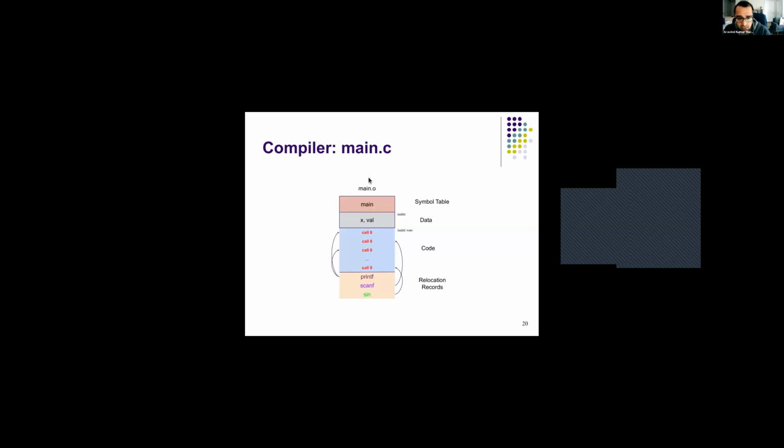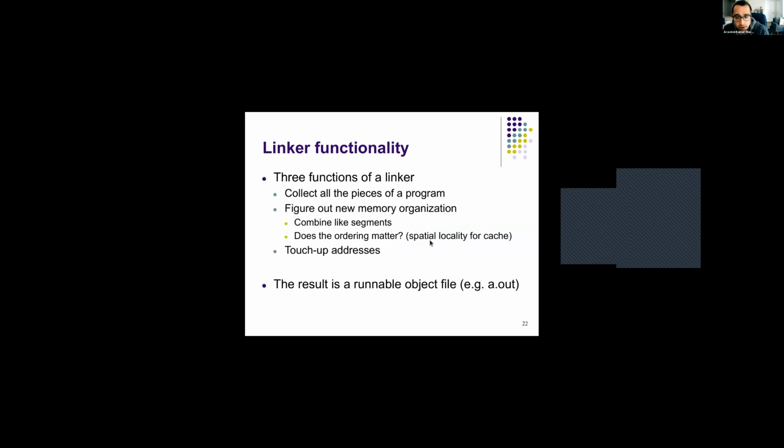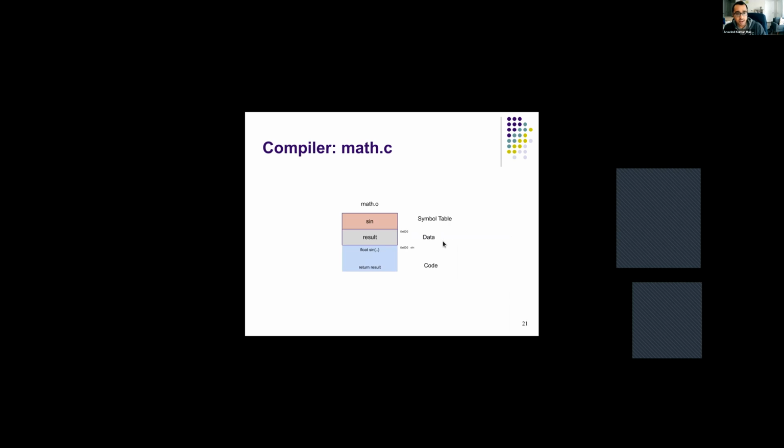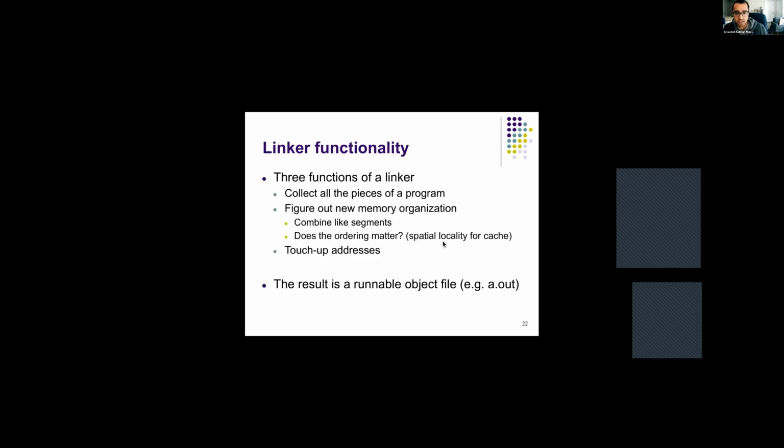So what the compiler does is it produces a nice object file which contains the symbol table, data segment, code segment, and relocation records. Similarly, for mat.c, we get the corresponding object file. Now when we give these object files to the linker, the linker actually has three functionalities, right?